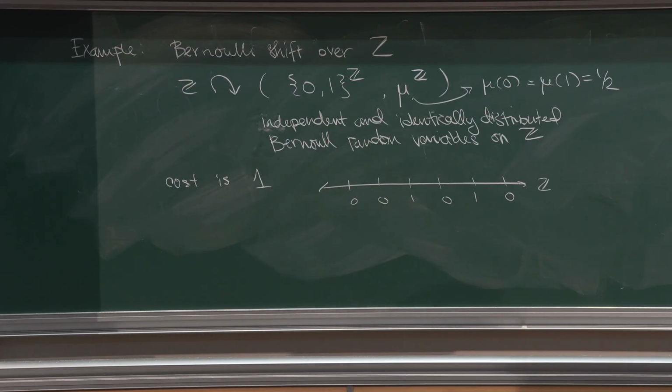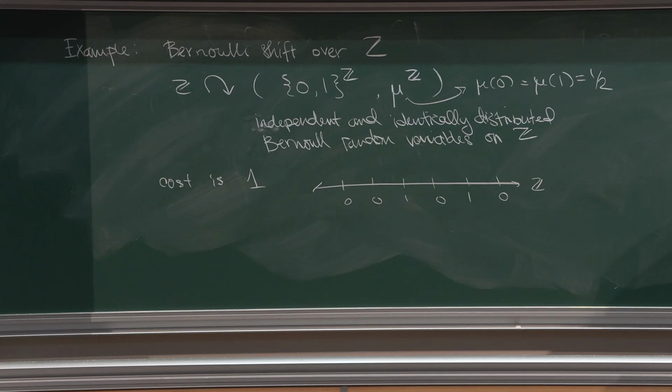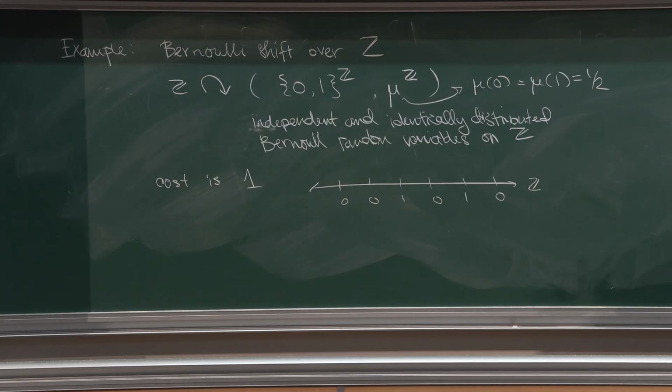We just take a string of 0s and 1s indexed by Z, and if we draw the picture like this, this is the orbit. So we can see as we translate, we're just getting other elements in that orbit equivalence relation. Okay, so I believe Sam is going to give you a formal definition for cost.